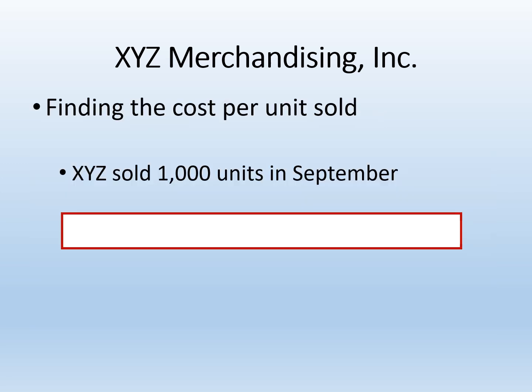The last thing that we might want to do for XYZ for managerial purposes is to determine the cost per unit sold for September. We were told that the firm sold 1,000 units in September.